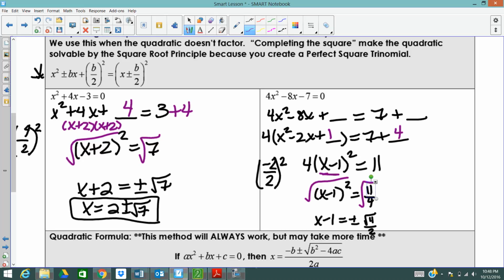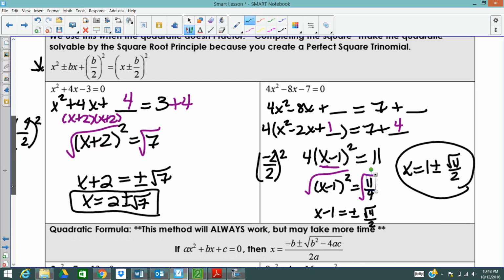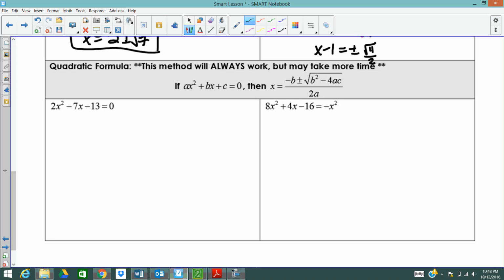Add that 1 over, so I get x equals 1 plus or minus the square root of 11 over 2. I do not have to actually add those, and I can't actually add those because that's the square root of 11. So that's completing the square.